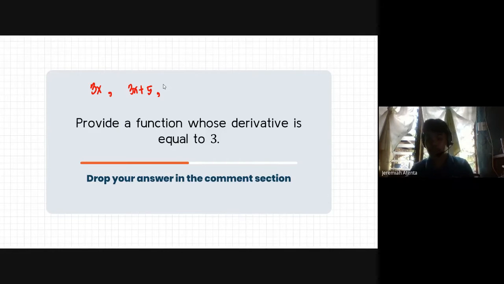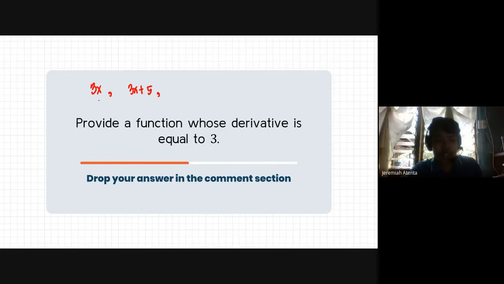I think wala na. Okay, so here, let's check if the functions provided really have a derivative equal to 3. For the first function, f of x equal to 3x, we all know using the constant multiple rule that the derivative is equal to 3.